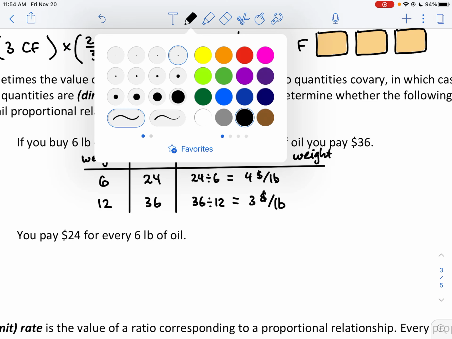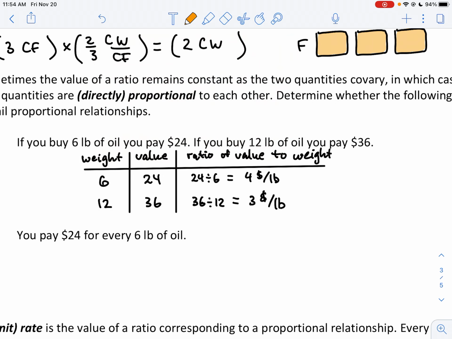Notice the ratio did not remain constant, even though we created a new instance of values. Right, so we say that the values covaried, so that the weight changed, it varied, and the value changed, it varied. And so we generated a second instance of paired data, 12 pounds to $36.